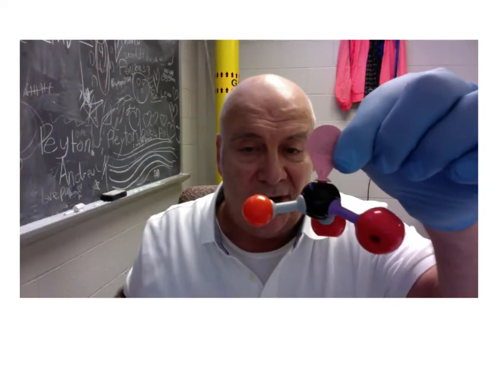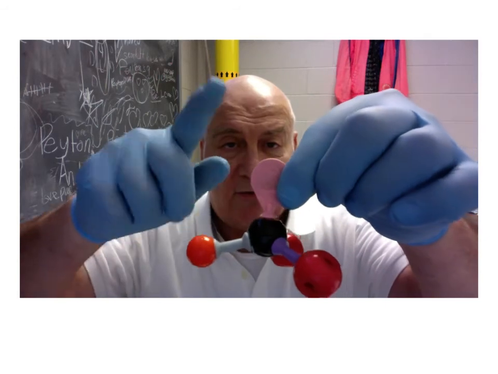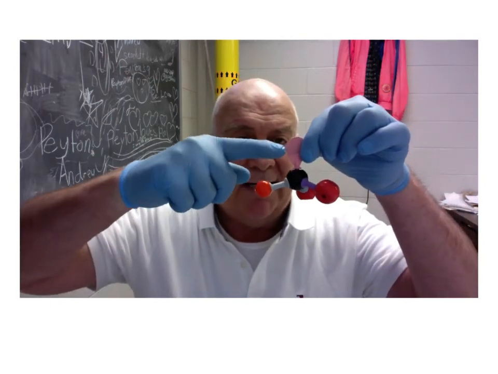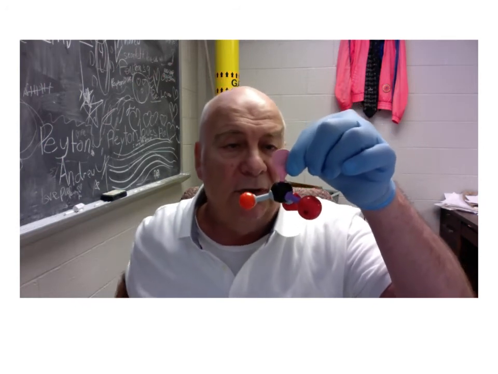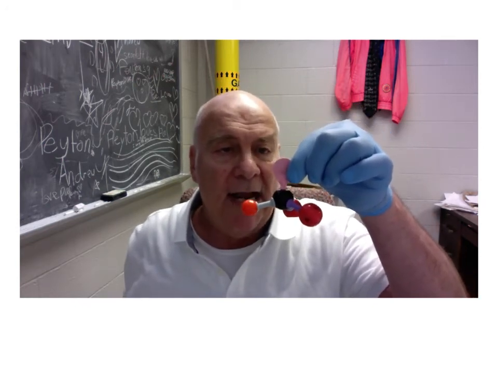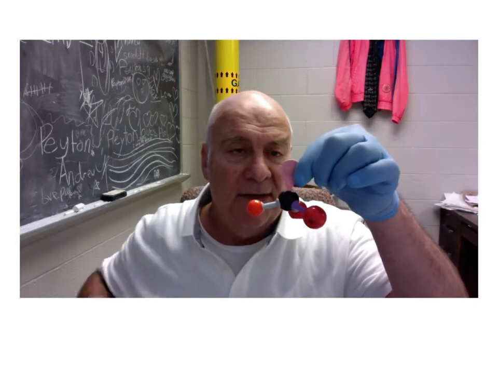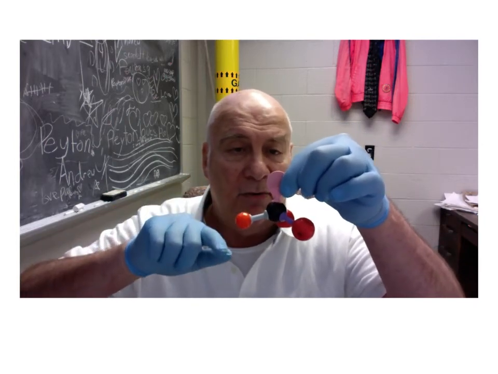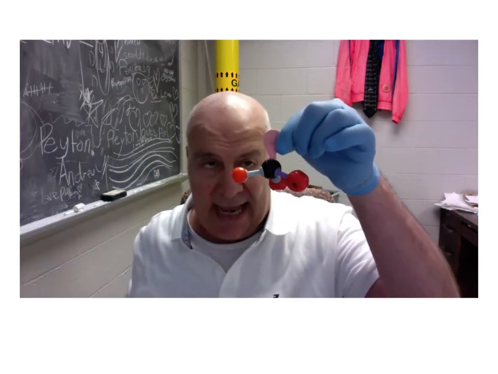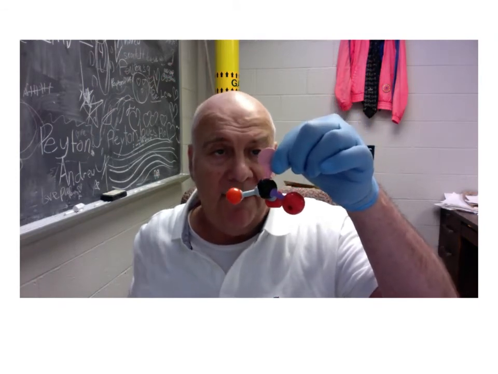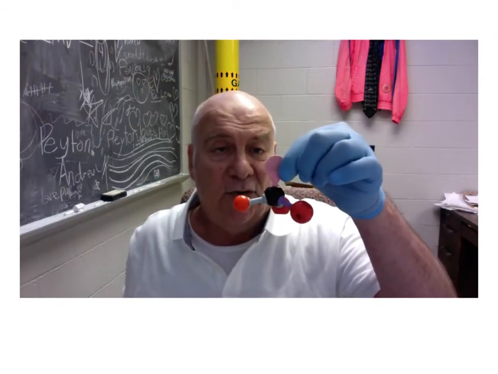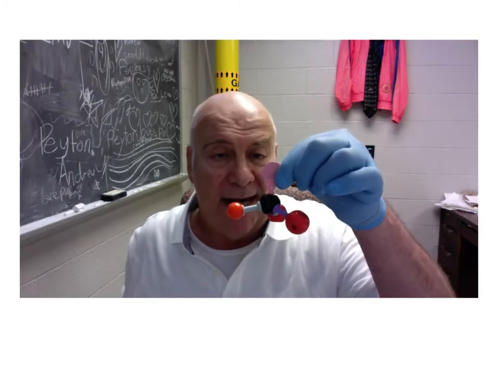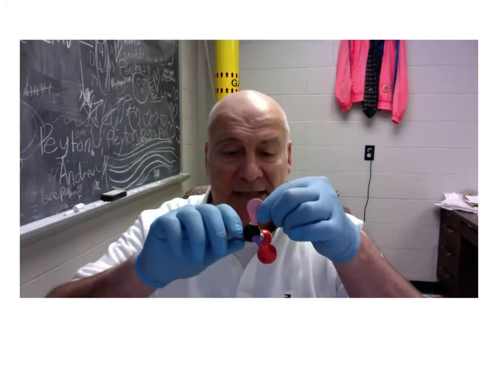Now, what should occur is if this was a perfect tetrahedron, all angles would be 109.5, but because of the presence of the non-bonding pair of electrons, these angles down here are pushed to less than 109.5 degrees. So I have an AB3 molecule that has bond angles less than 109.5 when I have the trigonal pyramid arrangement.